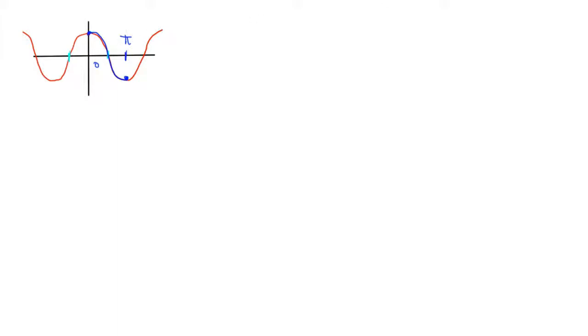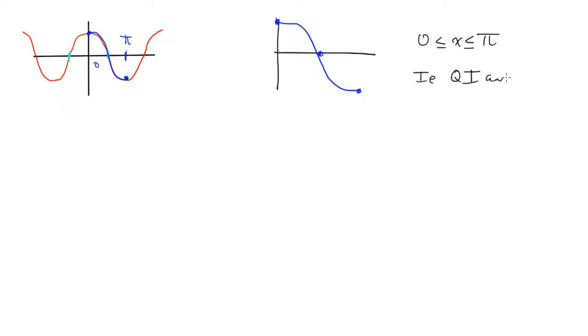Let me redraw just that little piece of the graph. Cosine starts up at 1 and ends at minus 1. At pi halves it's 0, and then it's the curvy shape in between. This segment does pass the horizontal line test, but I've restricted myself so that the x's have to be between 0 and pi, i.e. quadrants 1 and 2.